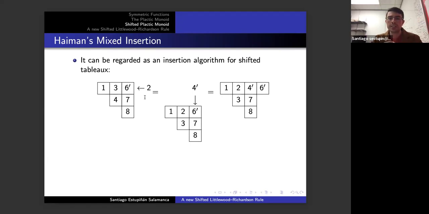Haiman's mixed insertion is kind of an intermediate, so it's a quotient of left and right insertion. Intuitively, his idea is that each of these shifted diagrams can be understood as a bigger diagram that is symmetric along the diagonal. And you can define a very natural insertion algorithm by inserting alternately entries on the columns and the rows, depending on whether they are primed or not.